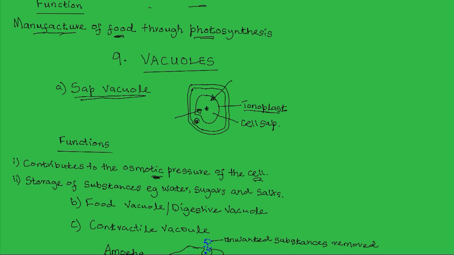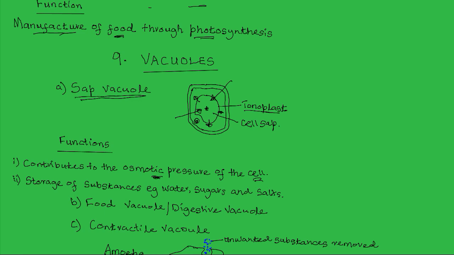Now, as more and more water gets into the cells, the vacuole, the sap vacuole, will expand outward, pushing the cytoplasm against the cell membrane and the cell wall.